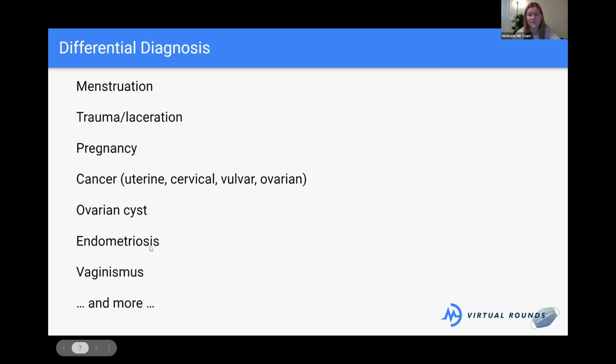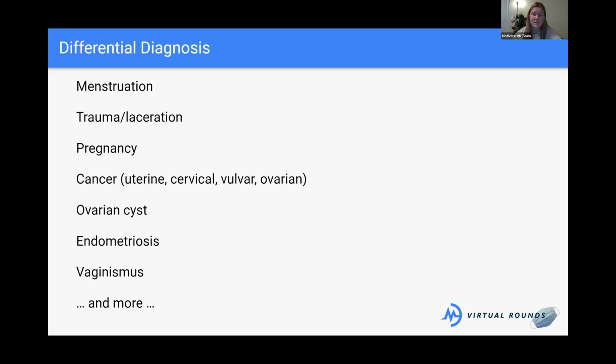Oh, and then just for clarity, endometriosis, somebody had mentioned that. That's abnormal implantation of uterine lining tissue, the endometrium, outside of the uterine cavity, in case you've never heard of that word before. It can cause pretty debilitating, heavy menstrual bleeding and cramping, usually around the time of the menstrual cycle.